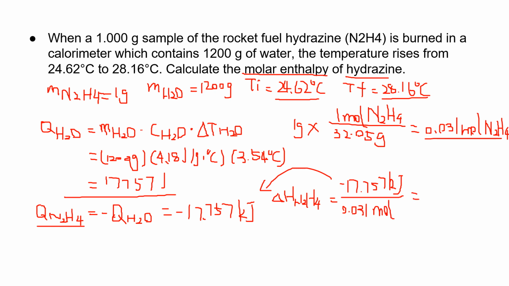Then we can get the answer of negative 572.8 kilojoules per mole. This is our final answer, the molar enthalpy for our system, hydrogen.